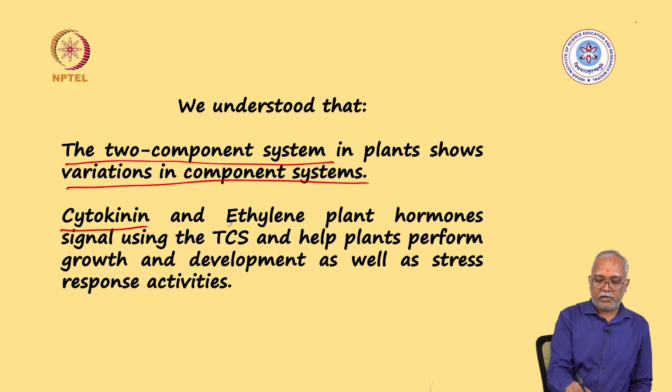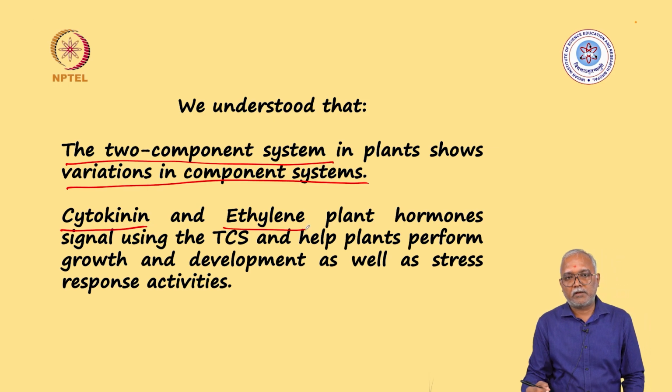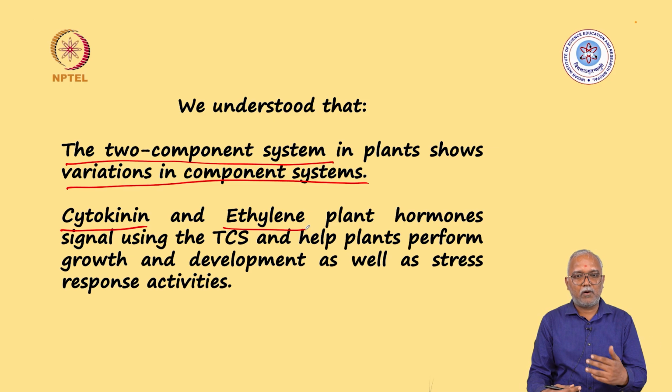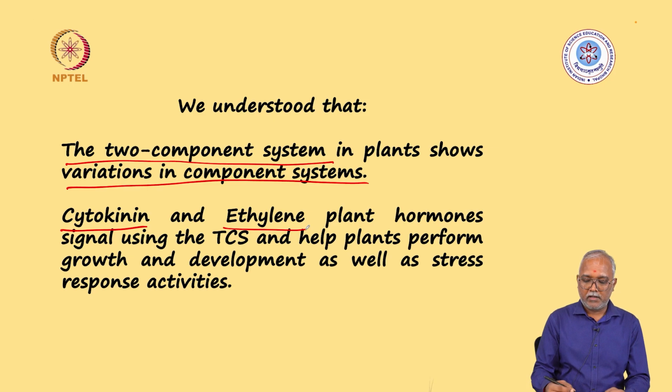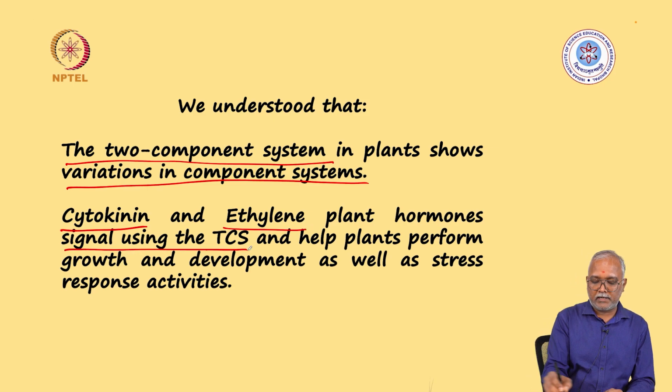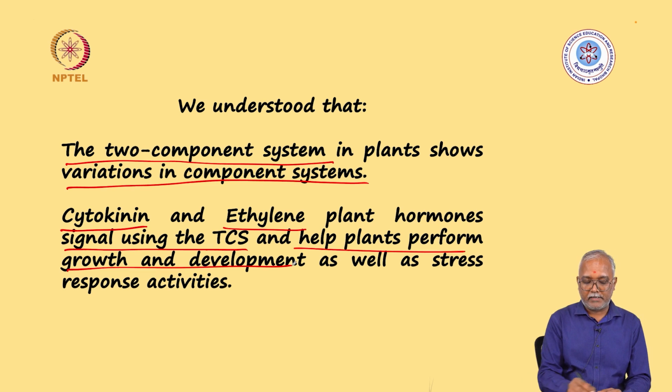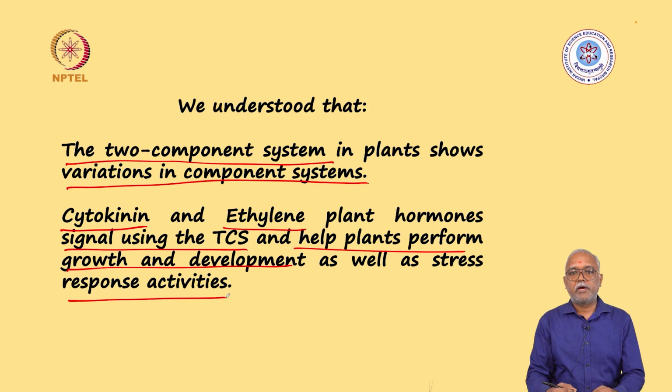Cytokinin and ethylene, the plant hormones, are the ones which most prominently respond through this two-component system. We will see how the cytokinin signal also responds through some of these serine threonine kinase receptors. Okay, and then this signaling helps plants perform growth and development kind of activity, and also we will see how it will affect plants in their stress response properties.